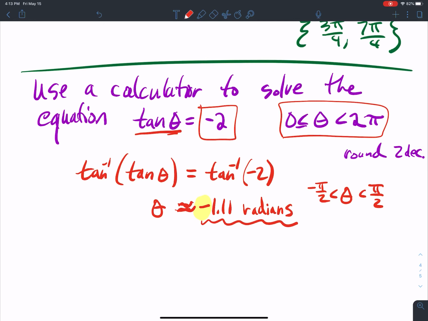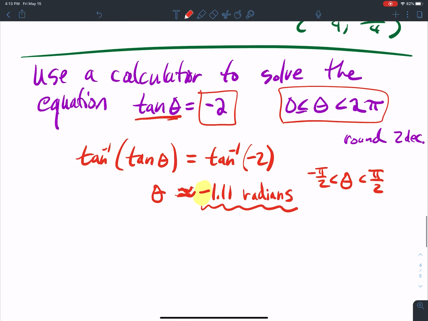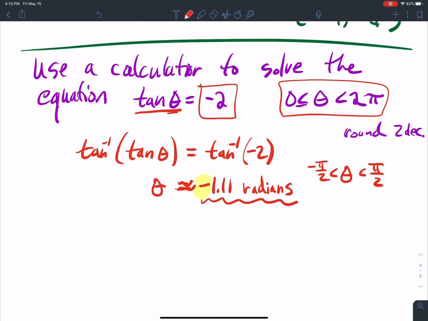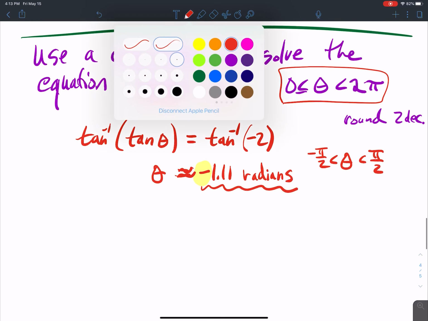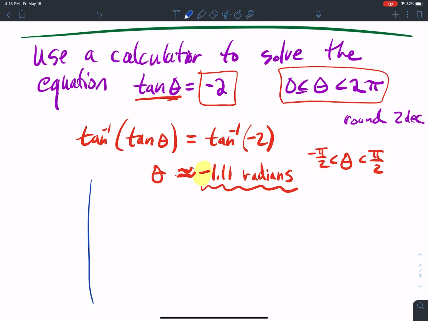Well, one thing that we can do, if you think about what's going on here, if I think about this graphically, the tangent of theta equals -2. There's like -2/1. All students take calculus, right?